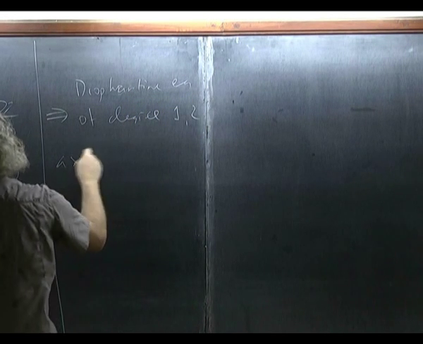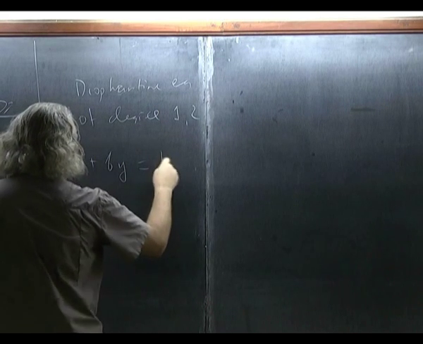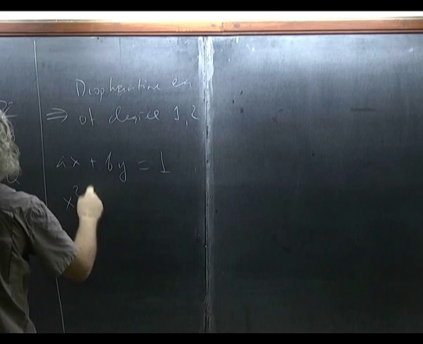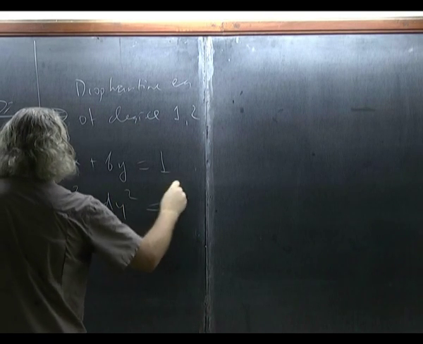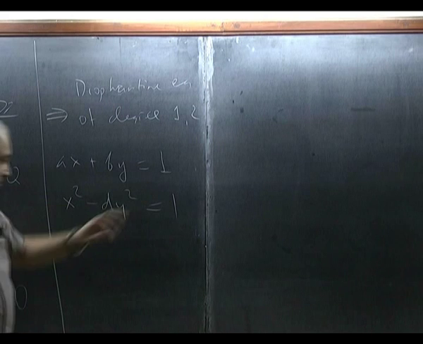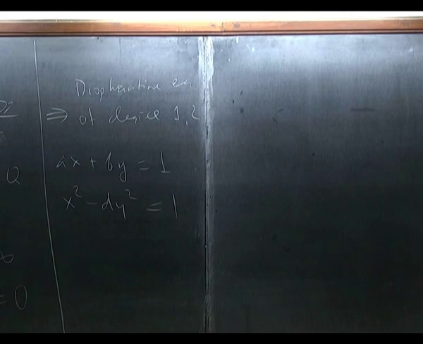Degree 1 is an equation of the form x plus dy equal to 1, something like this, and for degree 2 it was the Pell equation. So this is what we did last time, and we stopped with the theory of the Pell equation.